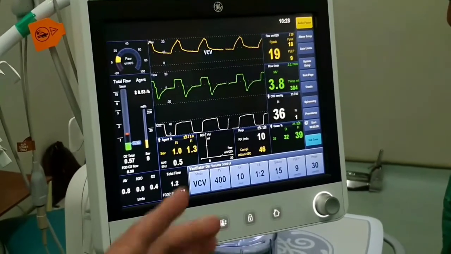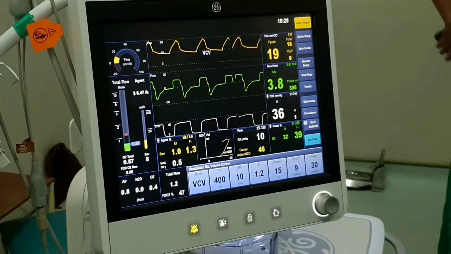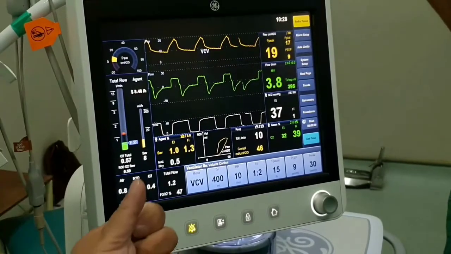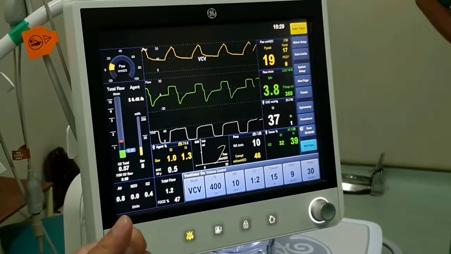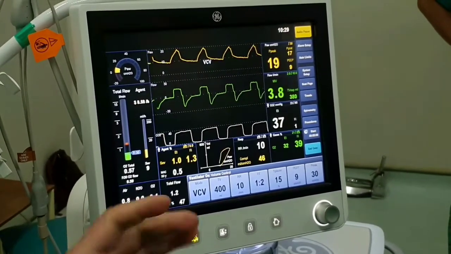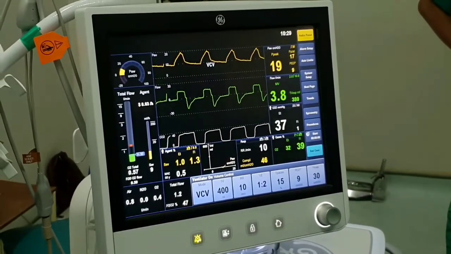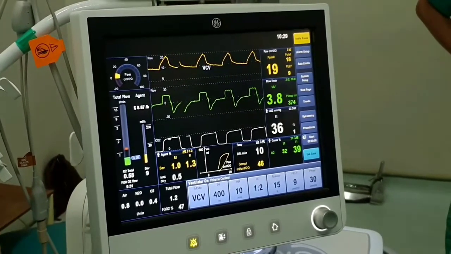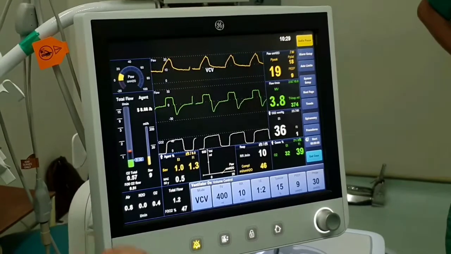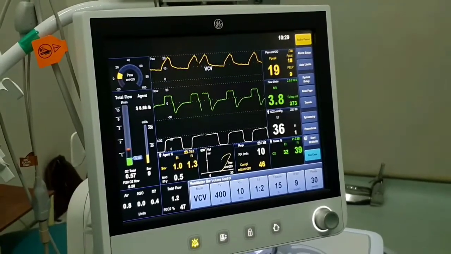So if there are conditions in the patient that require you to give more oxygen, do not hesitate to give more oxygen. It's no use keeping the patient's lungs open if the patient will not be alive after the procedure. So treat the whole patient, not just the patient's lungs.